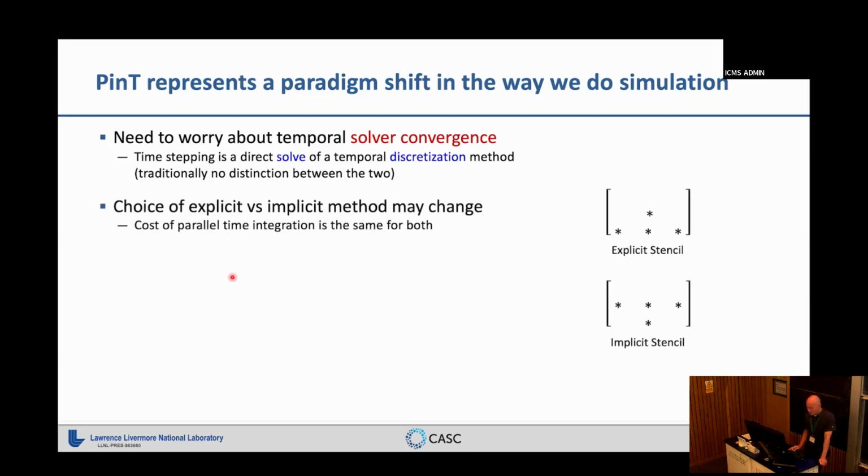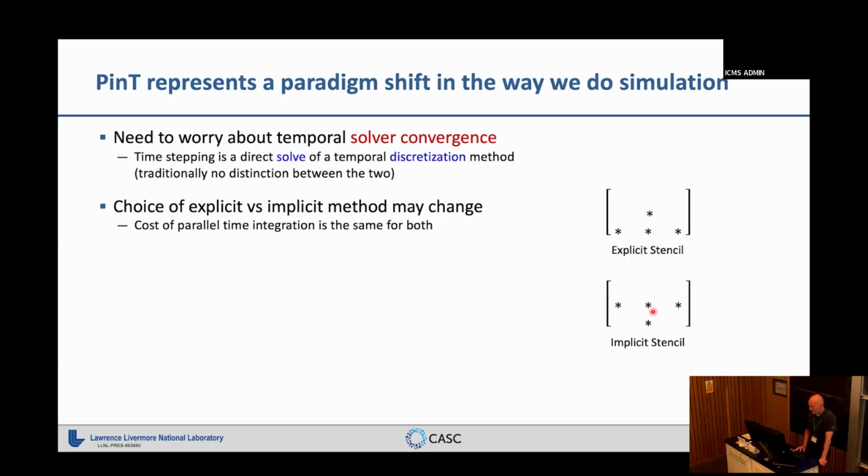Another thing that changes is the choice of the scheme you make. I argue that there's no difference now between implicit and explicit with respect to parallel time. If you just draw a simple 1D space-time setting for an explicit stencil, this would be the explicit case: a point in time depends explicitly on three points backward in time.